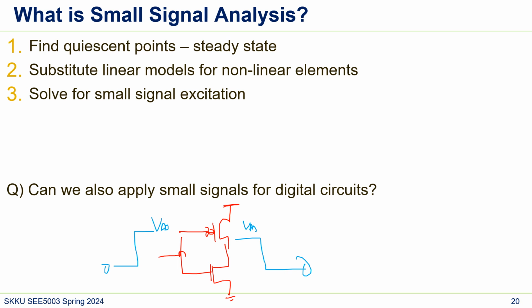In this case, for example, this NMOS: at the start, this voltage was 0, so the NMOS is turned off. But suddenly it shows a transition to VDD, so the NMOS suddenly turns on. Its operating region changes. At the very first time, the operating region was cutoff, but it changes to what? Linear. So in a digital circuit, it's hard to apply a small signal model because the MOSFET's operating region changes.